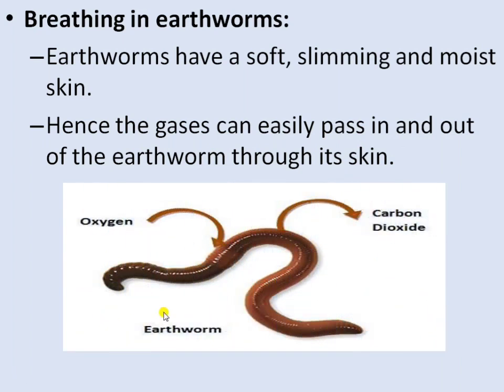As you can see in this picture, the earthworm has a very thin, moist and slimy skin through which the exchange of gases takes place. The oxygen diffuses in and the carbon dioxide diffuses out through this moist skin.